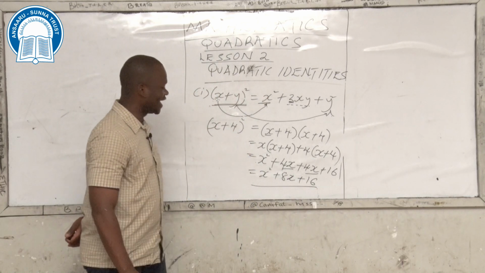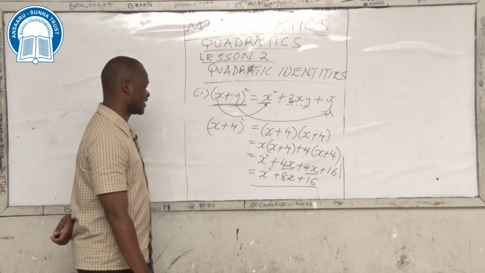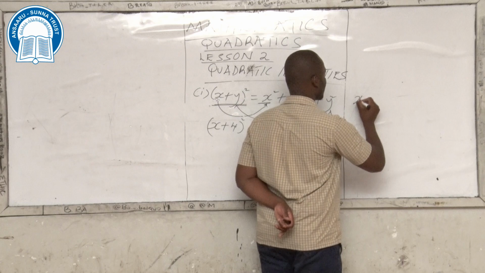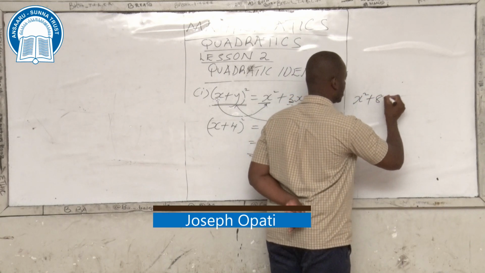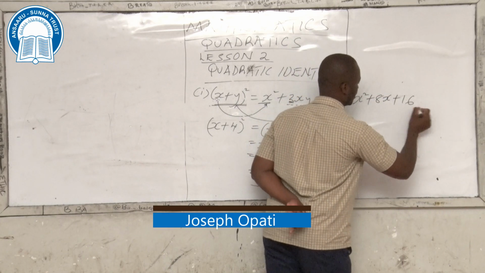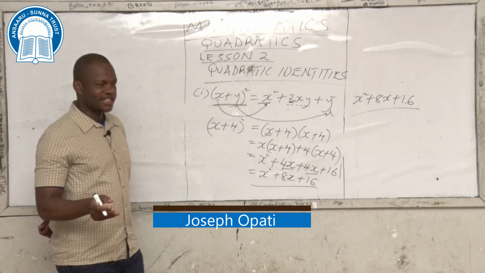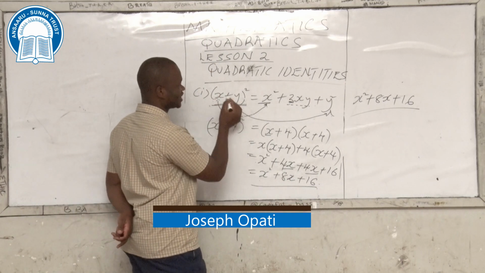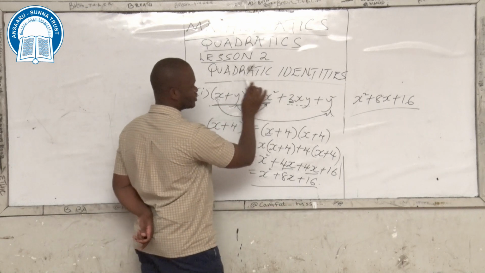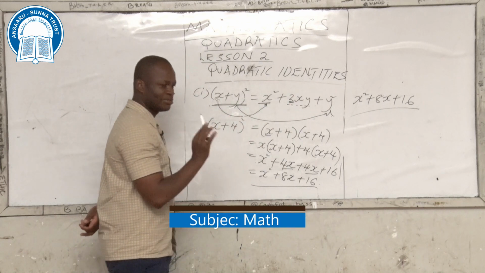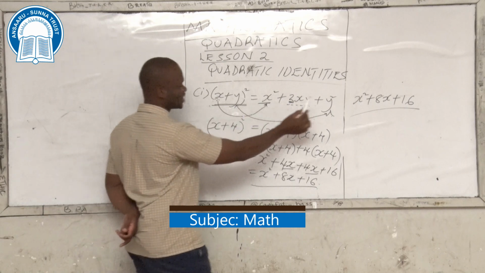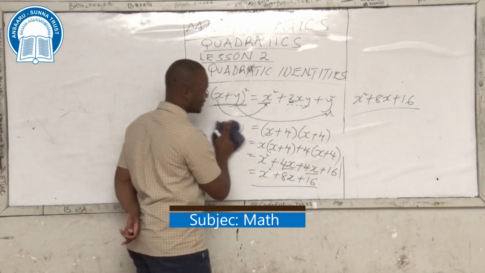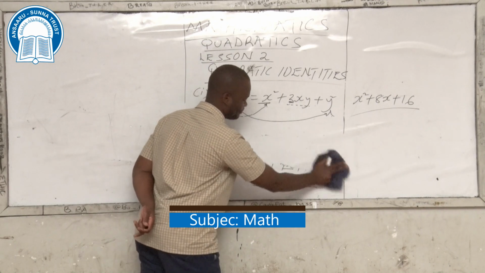So we have x squared plus 8x plus 16. So just recall somewhere in your mind that that was our outcome. Now the question is, how can you obtain the same outcome using the concept of quadratic identity? Of course, to be specific, the first quadratic identity. That is achieved in the following manner.